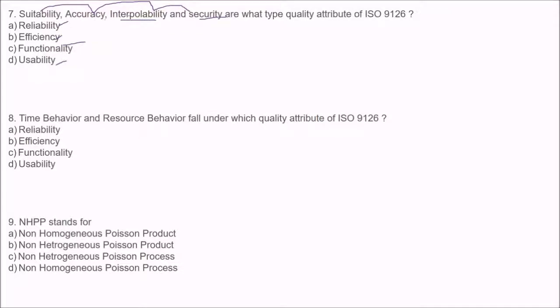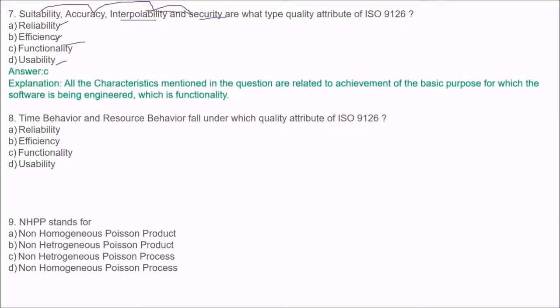These four are functionality. So they are quality attributes of ISO 9126. The answer is C, because all the characteristics mentioned in the question are related to the achievement of the basic purpose for which the software is being engineered, which is our functionality.